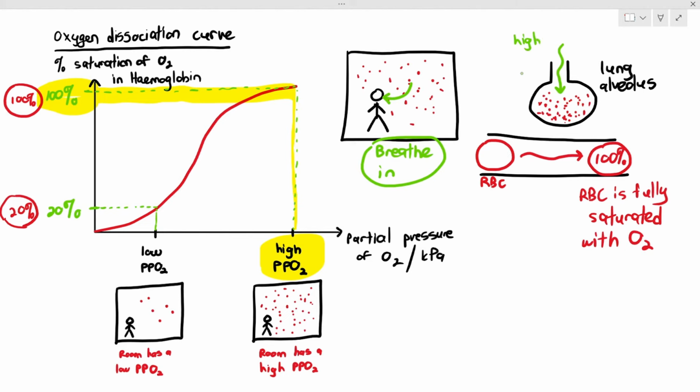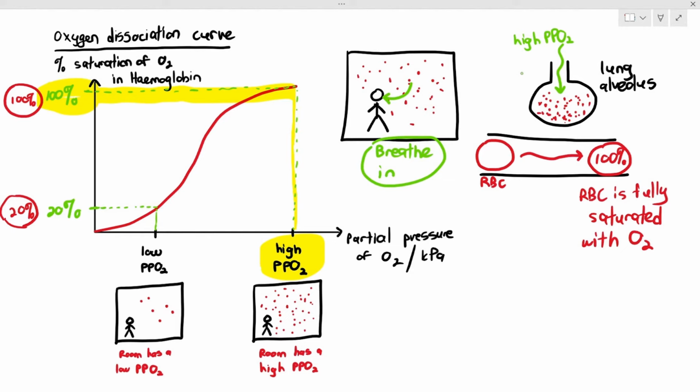Okay, so that's just what it means. If you breathe in a low concentration of oxygen, your red blood cells will be less saturated with oxygen. If you breathe in a high concentration of oxygen or a high partial pressure of oxygen, it just means that your red blood cells are going to be fully saturated with oxygen.